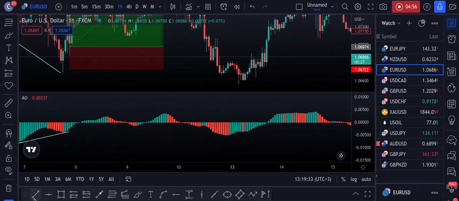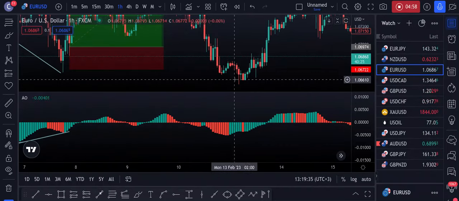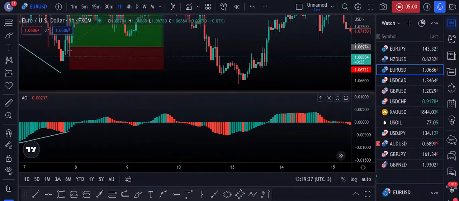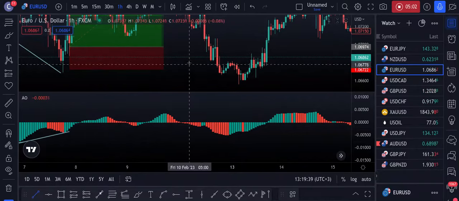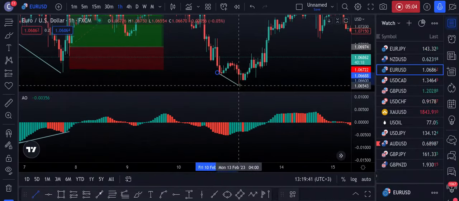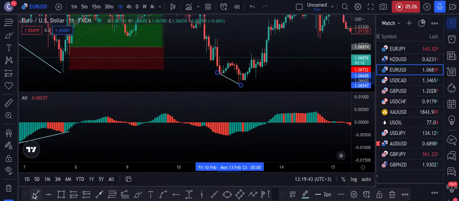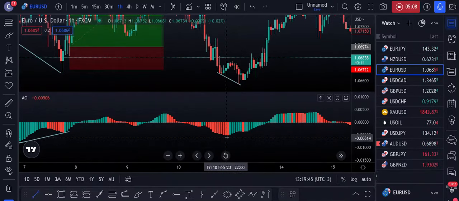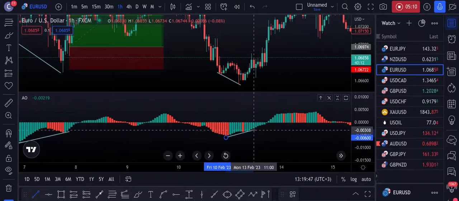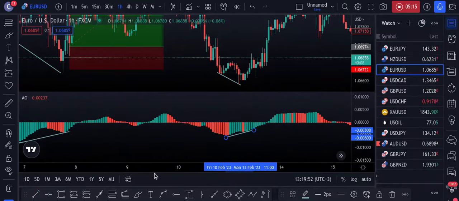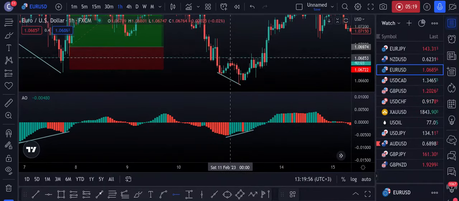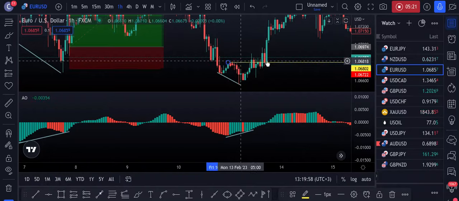We can see price printed a divergence here. Let me grab my line too. We have this, and we also have this on the indicator, showing that anytime we are going to go up. So that's the first rule. Now the second rule, you want to go and pull up your line to mark the recent highs.